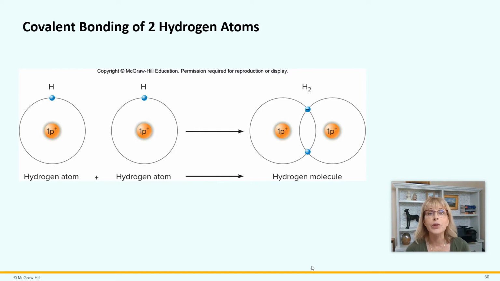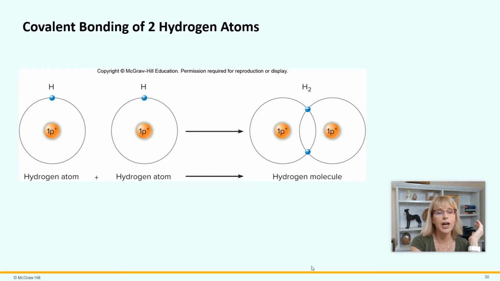And as an example of a covalent bond, we showed the bond between two hydrogen atoms. Remember that hydrogen, it's got an atomic number of 1. So since it does, it has one proton. When it has no charge, it has one electron. But its outer electron shell, well, its only electron shell, could technically hold 2 electrons.